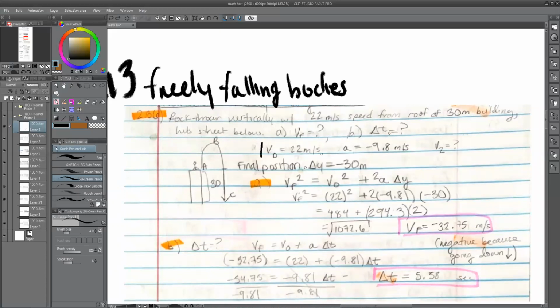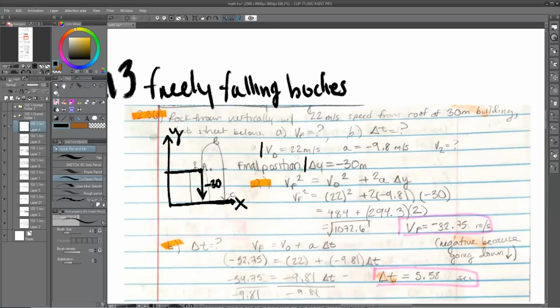Our final position is going to be delta y minus 30 meters. Our initial position is this level right here, and it's going to end up at the bottom here. So if you think of this as a y-axis and an x-axis, this is going to go down 30 meters.